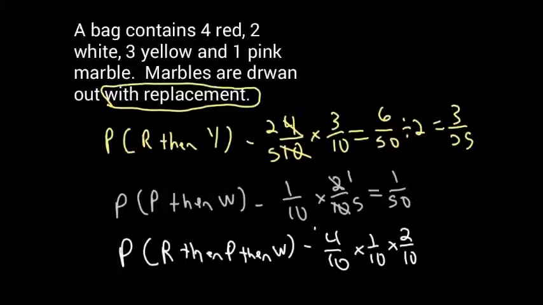So again, reduce before you multiply. 2 goes into 2 once, 2 goes into 10 5 times, 2 goes into 4 twice, 2 goes into 10 5 times. So now I can just multiply. 2 times 1 is 2, times 1 is 2. 5 times 10 is 50. 50 times 5 would be 250. Again, I can reduce this one more time, divide those both by 2, which would equal 1 over 125.